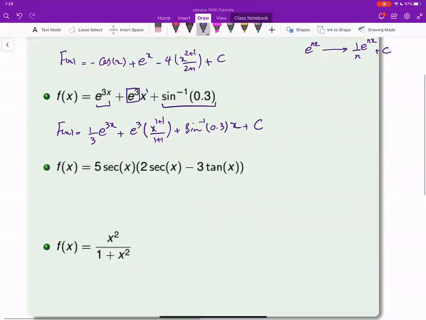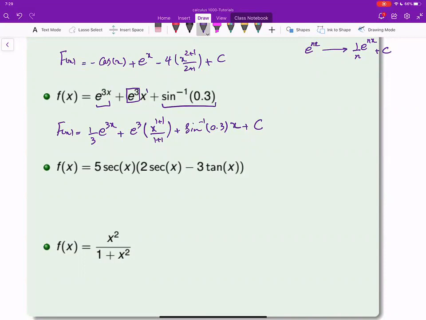You look at this function, 5 secant x times this whole thing. The antiderivative of a quotient is a difficult thing to do. In general, we don't have any rule for the antiderivative of a quotient, and the same thing goes for the product.